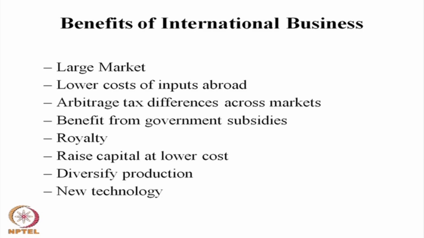Then whether they are getting tax benefits. It may happen that the foreign direct investor goes searching for a country with the lowest tax net. So, arbitrage of tax differences across countries is also part of the decision-making process on whether to go for a foreign investment or not.